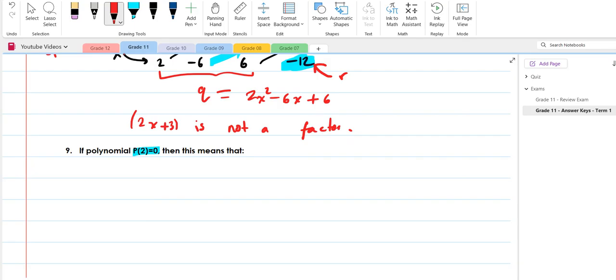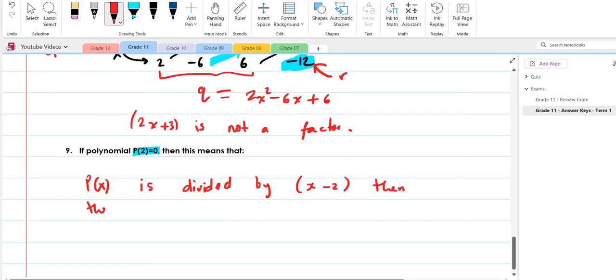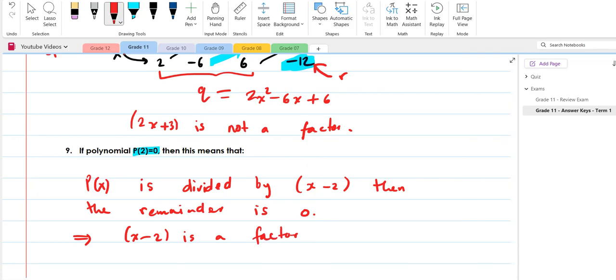we have a polynomial p of x divided by x minus 2, because we substituted 2. Then the remainder is 0. This basically means that x minus 2 is a factor of p of x.